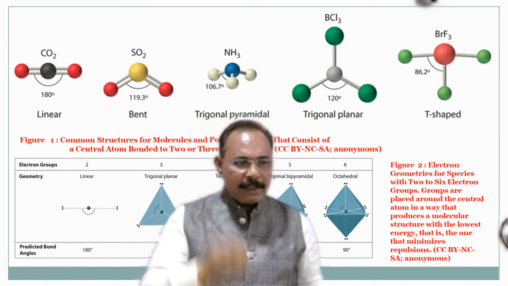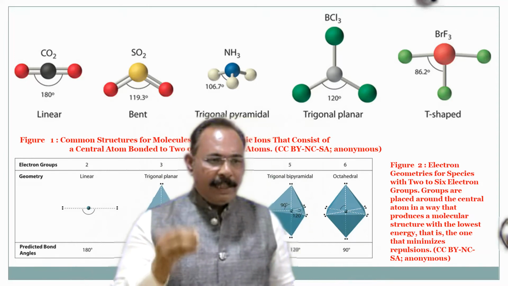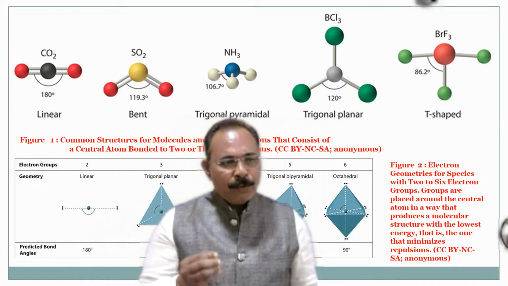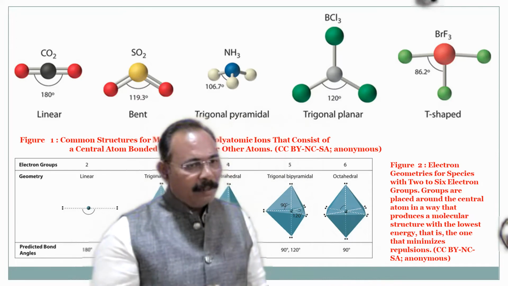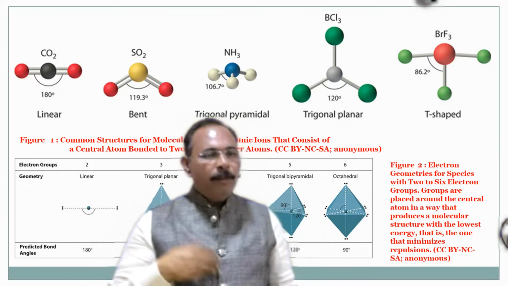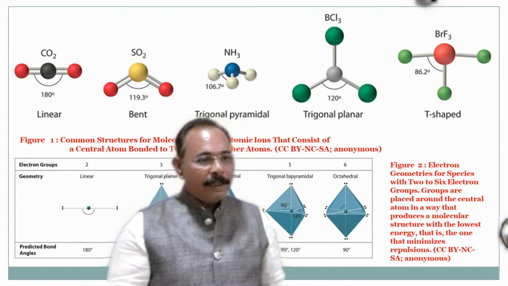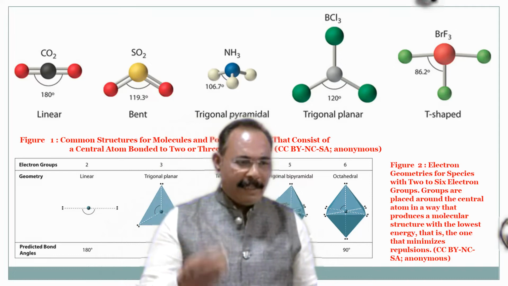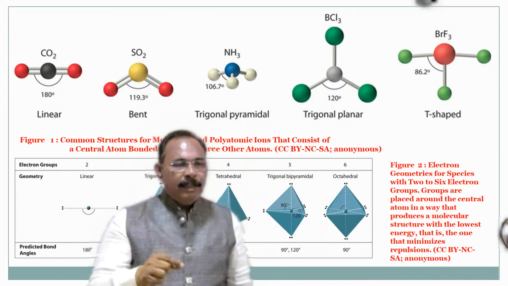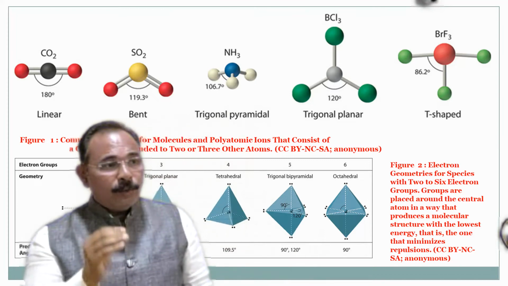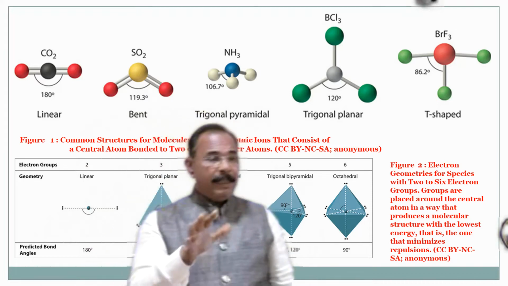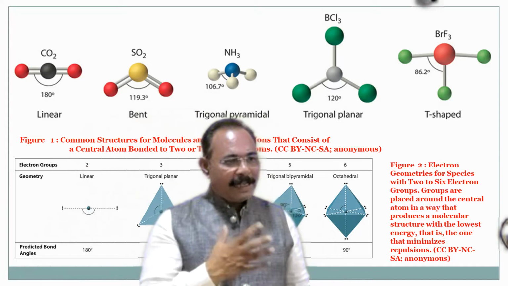According to this model, valence electrons in the Lewis structure form groups which may consist of a single bond, double bond, triple bond, a lone pair of electrons, or even a single unpaired electron, which in the VSEPR model is counted as a lone pair, because electrons repel each other electrostatically.